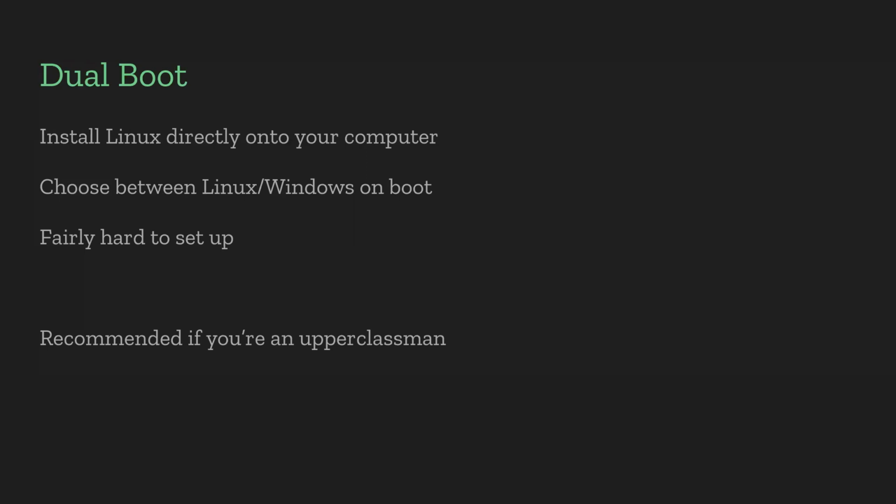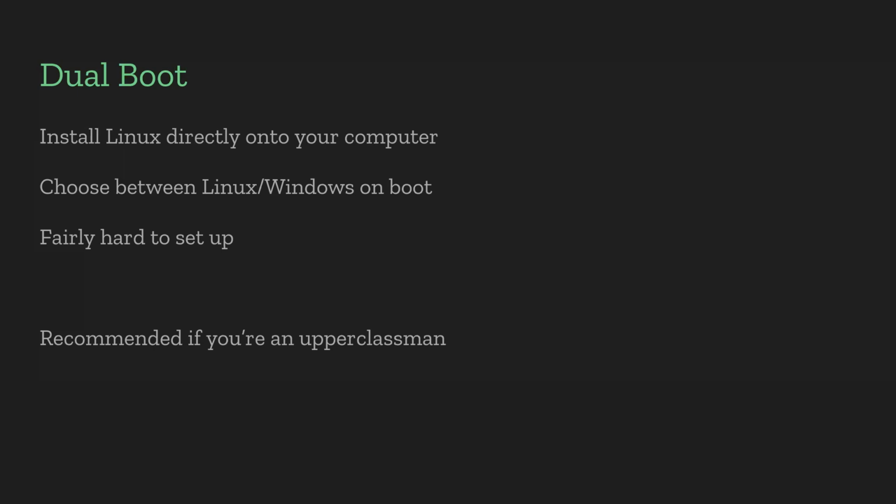And then the third option is dual boot. This is where you install Linux directly onto your computer, and then you choose between Linux and Windows on boot. This is fairly difficult to set up. I would recommend doing this if you're an upperclassman and you're taking a bunch of classes that require Linux. At the point that I'm at, having direct access to a Linux machine is very useful for my classes, and I assume it's a similar situation for other upperclassmen.